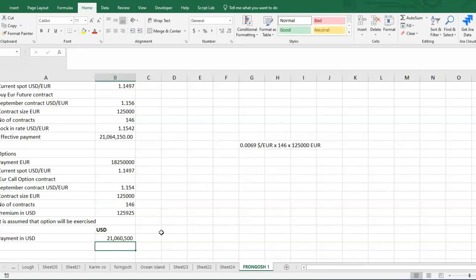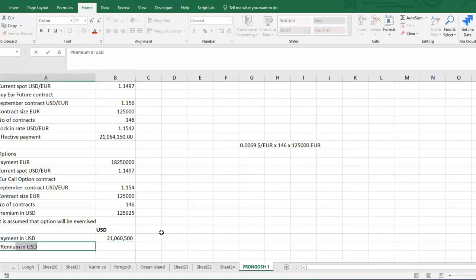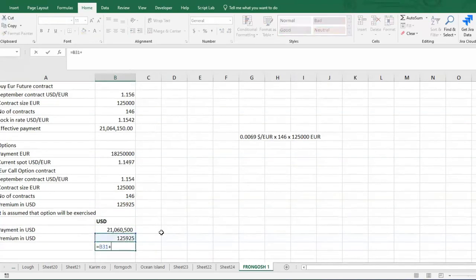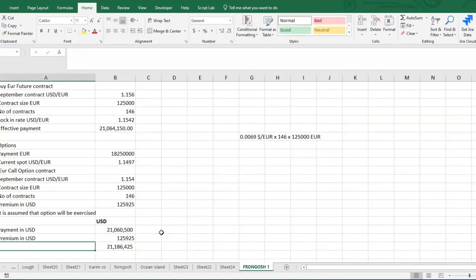As there is no under hedging or over hedging, we do not have to worry about this. What we have to do is just adjust the premium in this. So both are payment. This is the total payment. Okay, this is the answer.